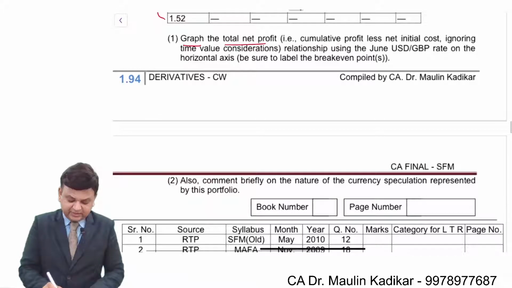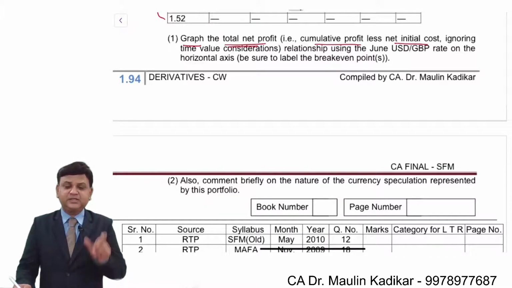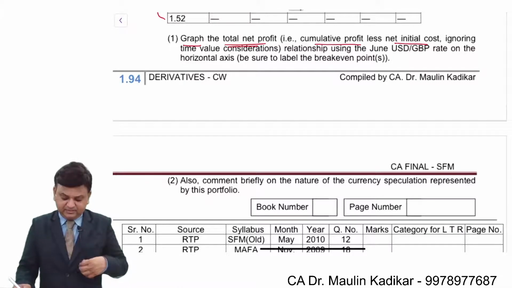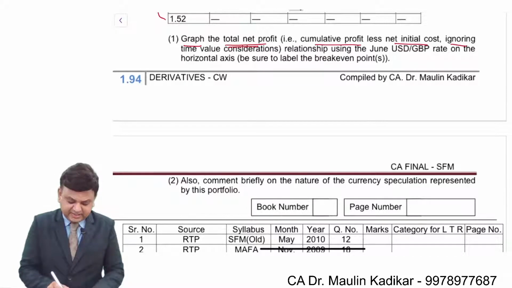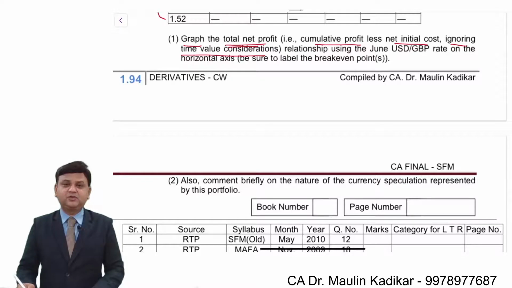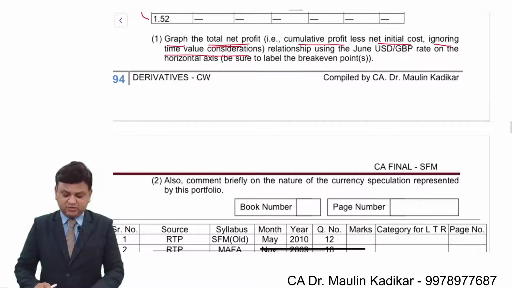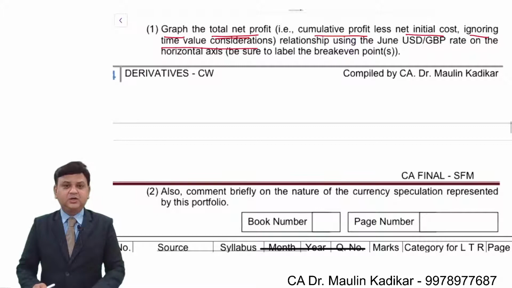Graph the total net profit. Cumulative profit less initial cost means the payoff total minus premium, ignoring the time value of money consideration. So a very good clarification is made that you have to ignore the time value of money concept.